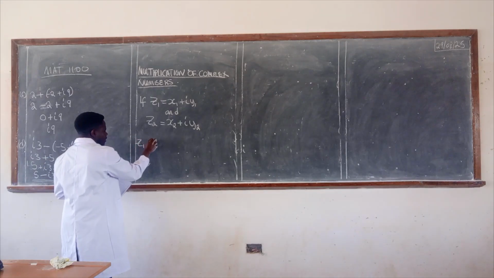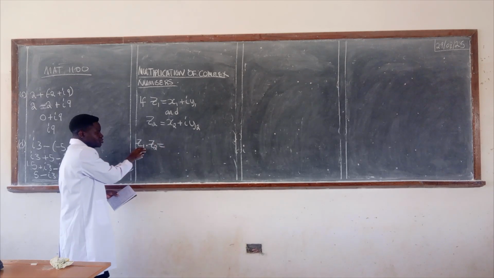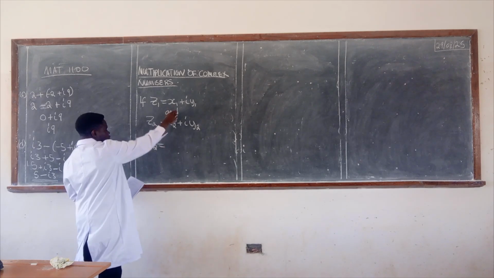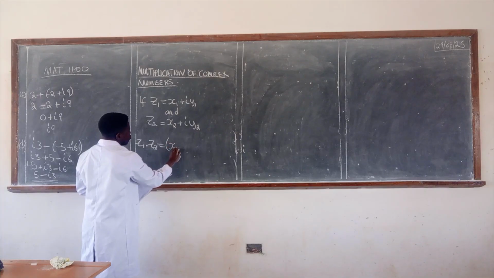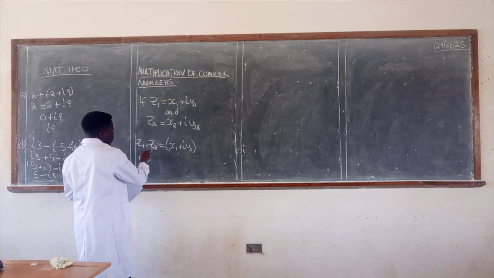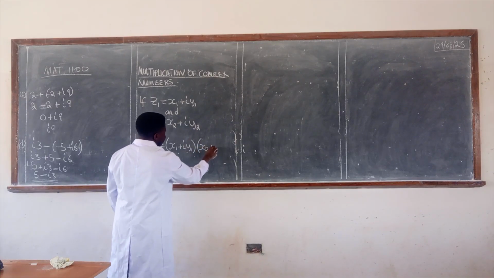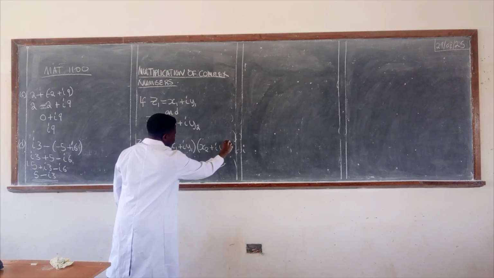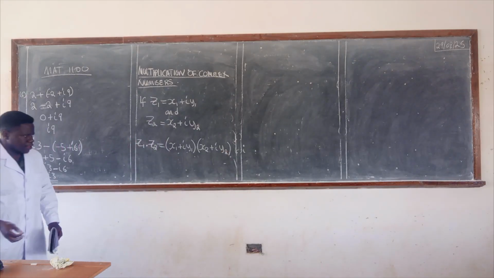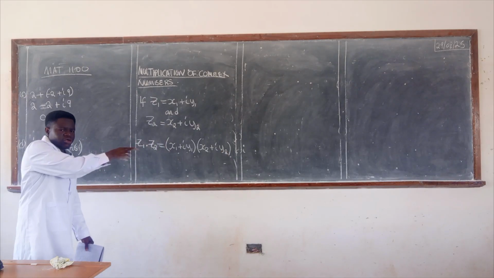Z1 dot Z2, which is equal to, so here we're going to substitute. Z1, we're going to put that there, which is X1 plus i Y1, and Z2, which is X2 plus i Y2. Okay. So just like the way you multiply in algebra, it's the same way we're going to expand this.